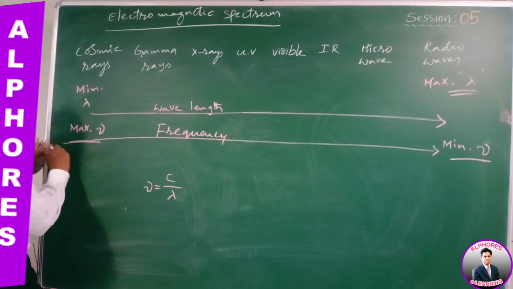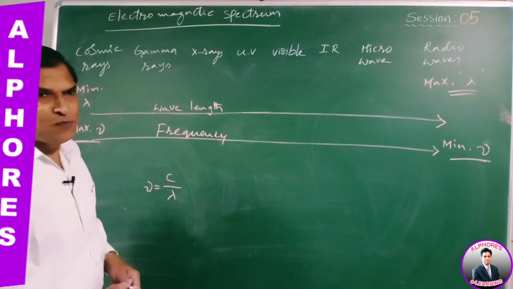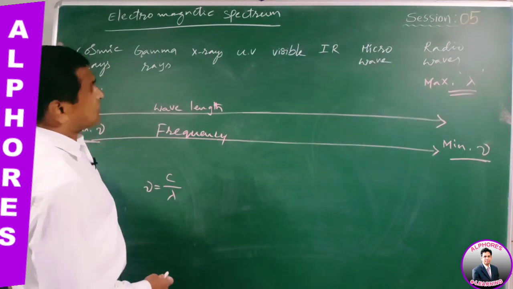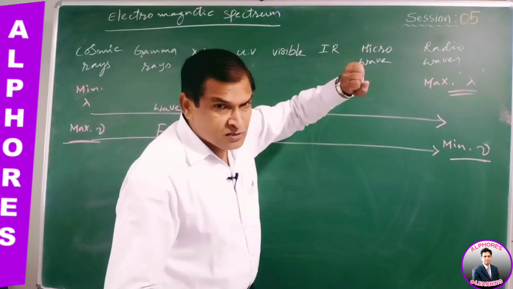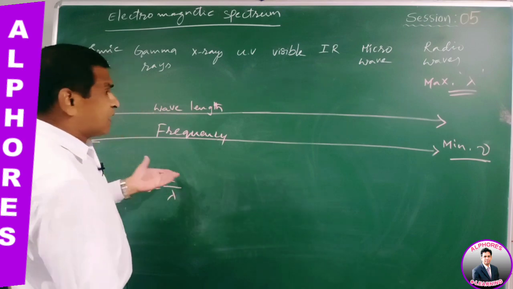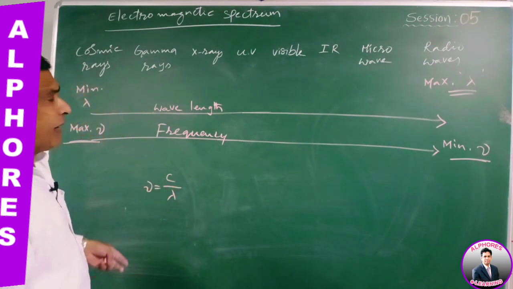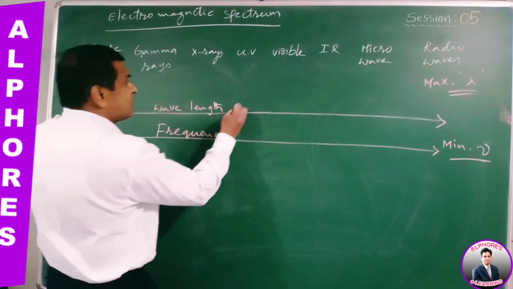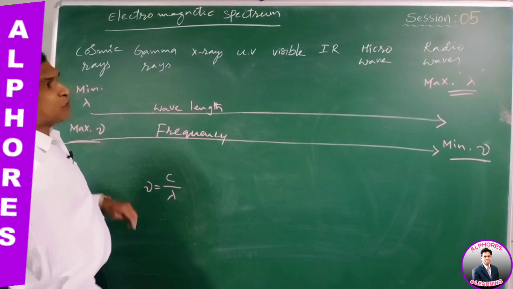Once again, the definition: the systematic arrangement of various electromagnetic radiations in the increasing order of wavelength or decreasing order of frequency is known as the electromagnetic spectrum. So wavelength is increasing and frequency is decreasing. Okay, that we should remember.